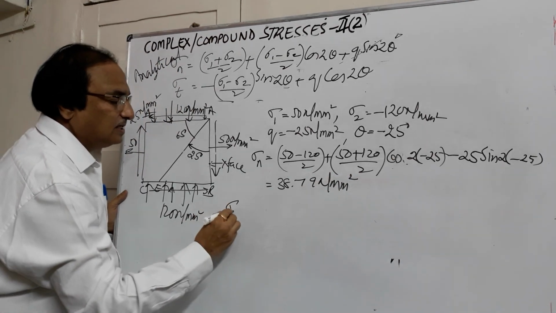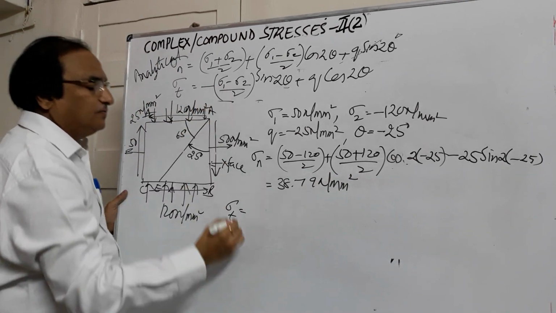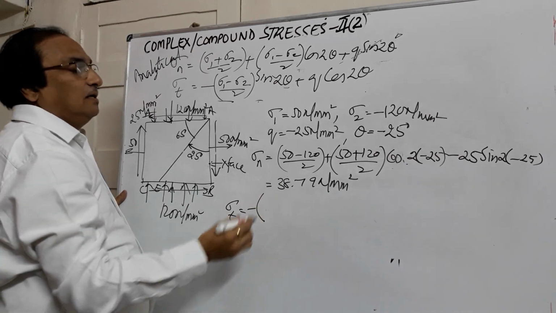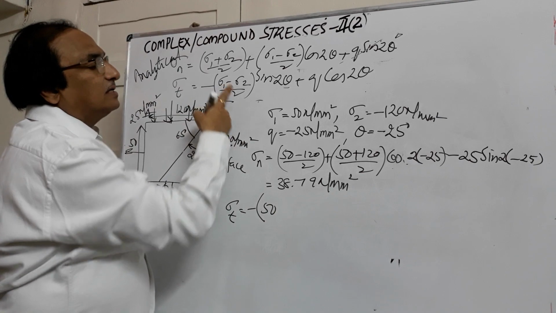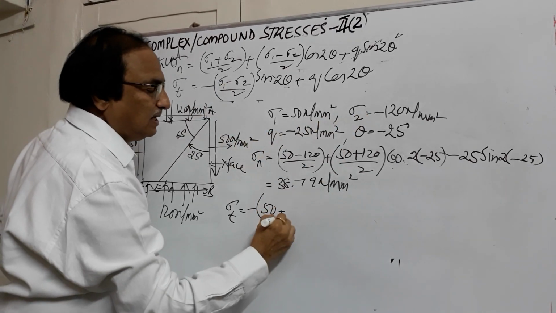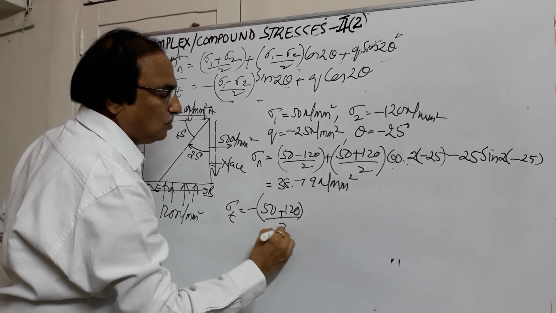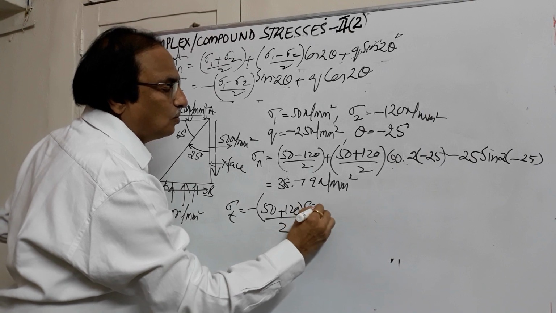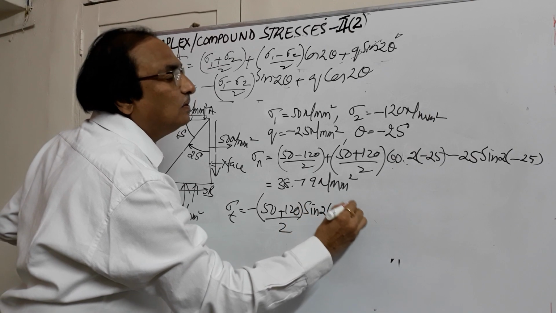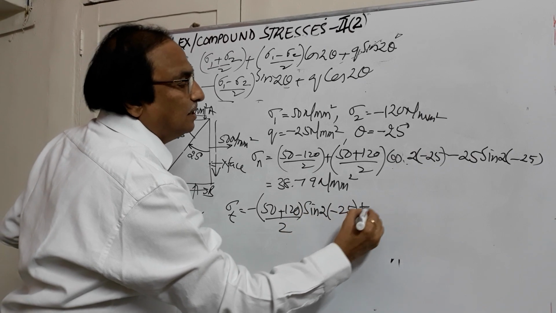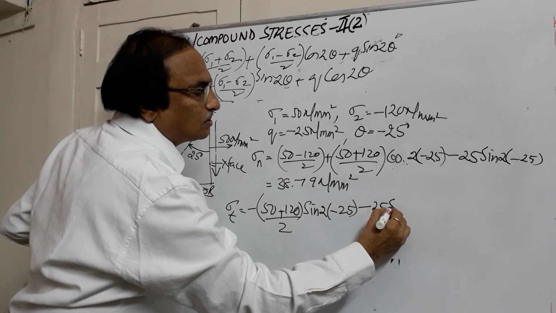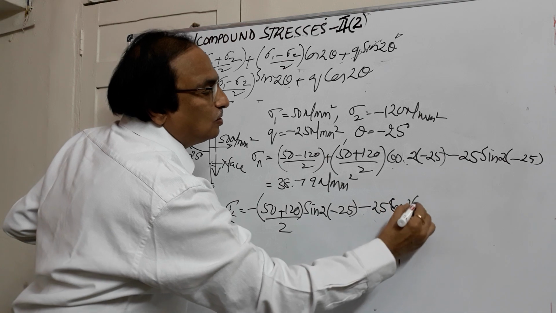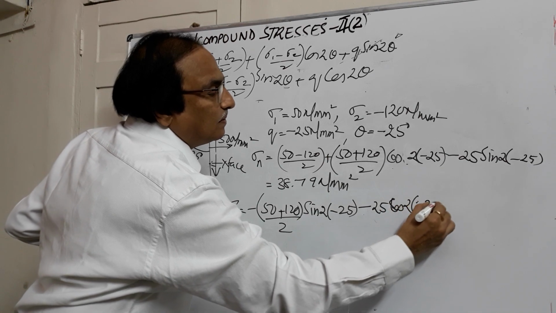And if I find sigma t, the tangential stress, using this formula: sigma 1 is 50, minus minus 120 becomes plus 120, divided by 2, sine of 2 into minus 25, plus q, which becomes minus 25 into cos of 2 into minus 25.